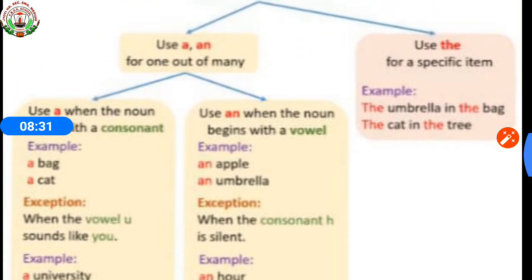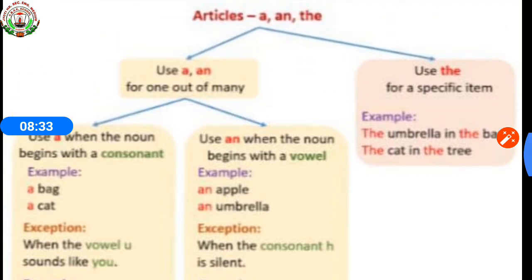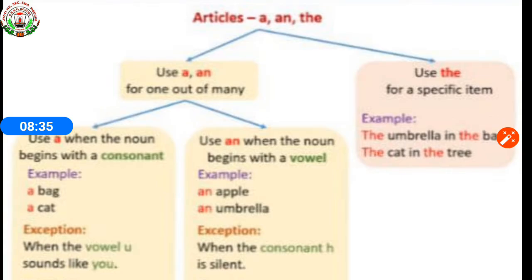Now we see the definite article, that is the. We can use the for a specific item. Means we use the definite article in front of a noun when we believe the reader knows exactly what we are referring to.